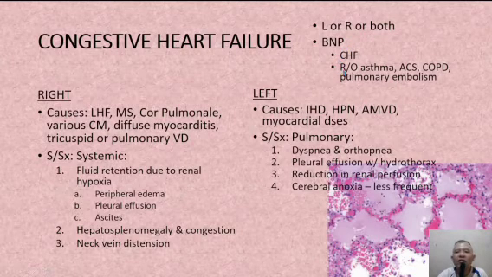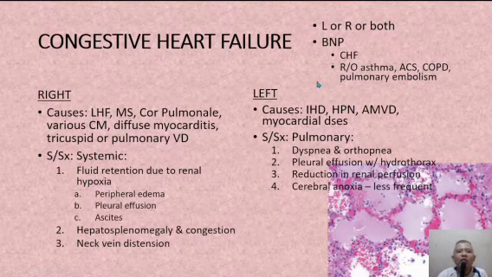It's used to rule out other differential diagnoses of congestive heart failure such as asthma, COPD, pulmonary embolism, or even ACS, acute coronary syndrome.